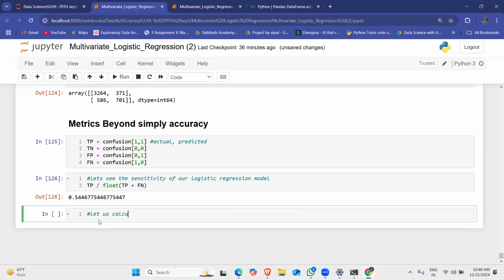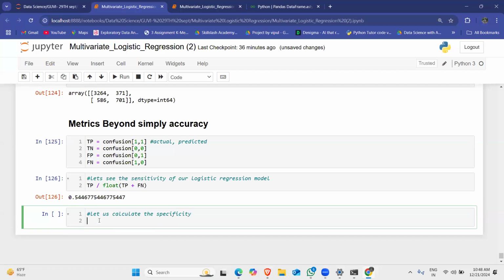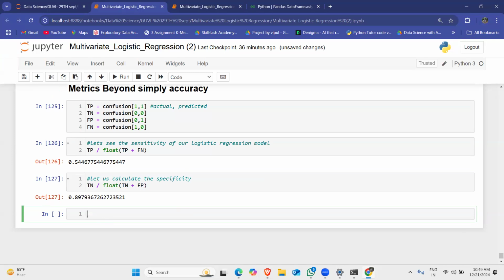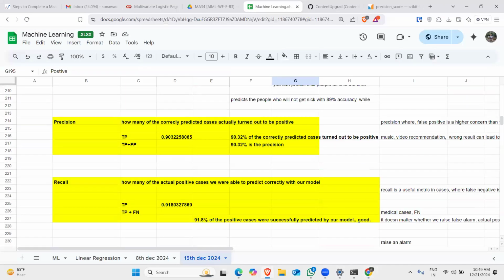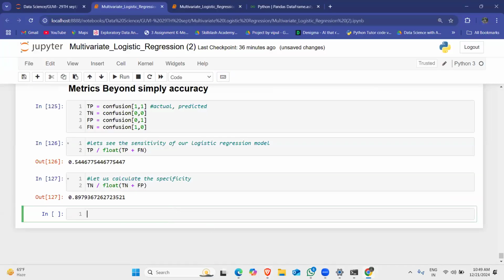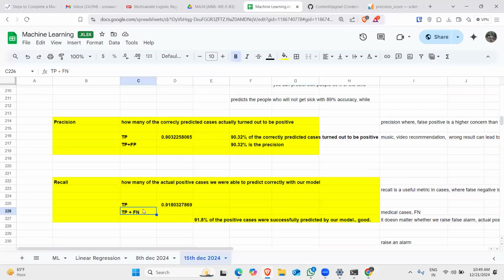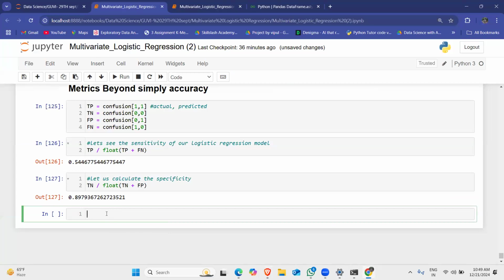So let us calculate the specificity, that is true negative divided by float of true negative plus false positive. The sensitivity is, okay, we'll just find this first.